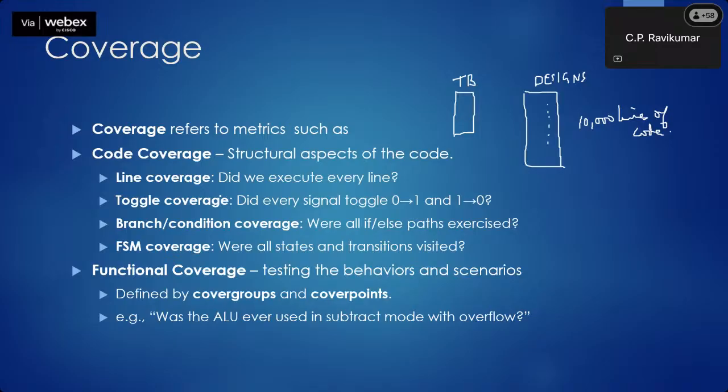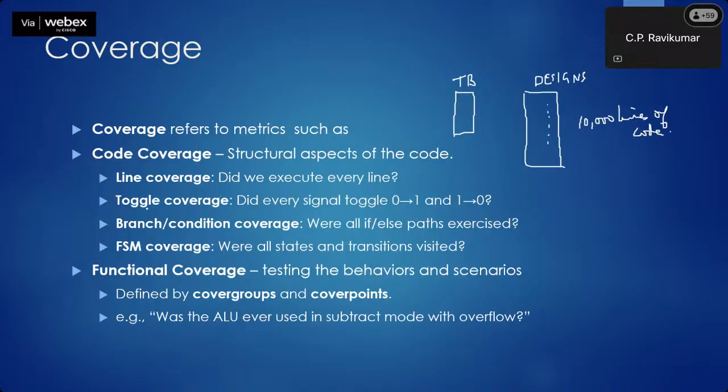Line coverage, if you do, does it mean that you have achieved 100% coverage? I don't think so, right? It's easy to do line coverage. You can get 100% line coverage, but that doesn't mean much. Things will be slightly better if you get higher toggle coverage.